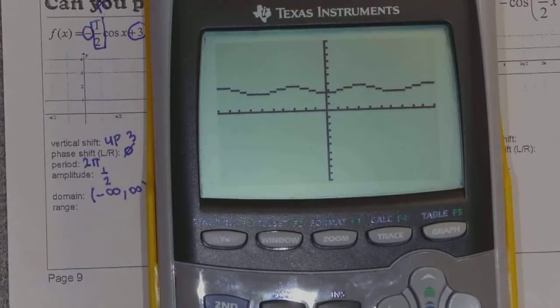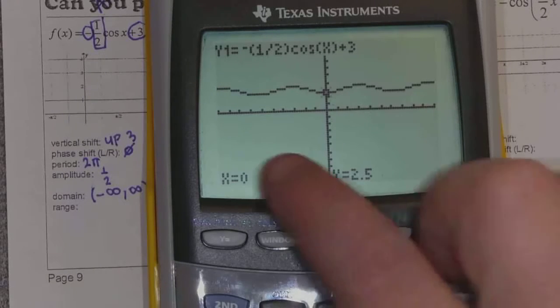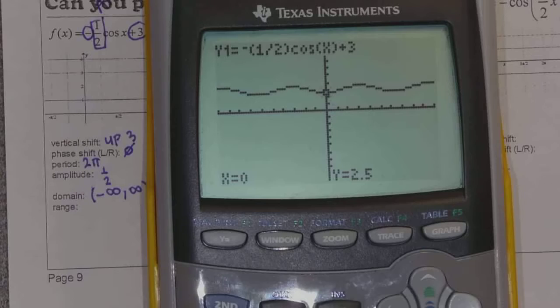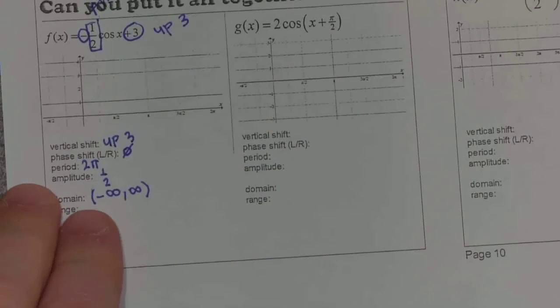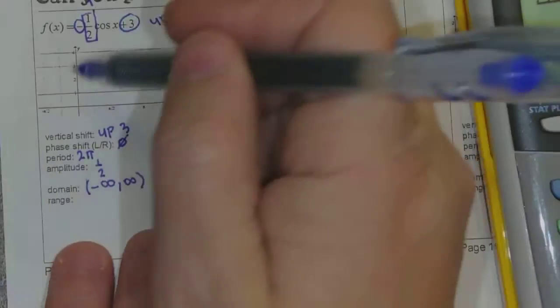And if you're trying to figure out where spots are at, you can trace so you know where you're at there. So you're really up at 2.5 to start that graph. And just kind of give it a good sketch.